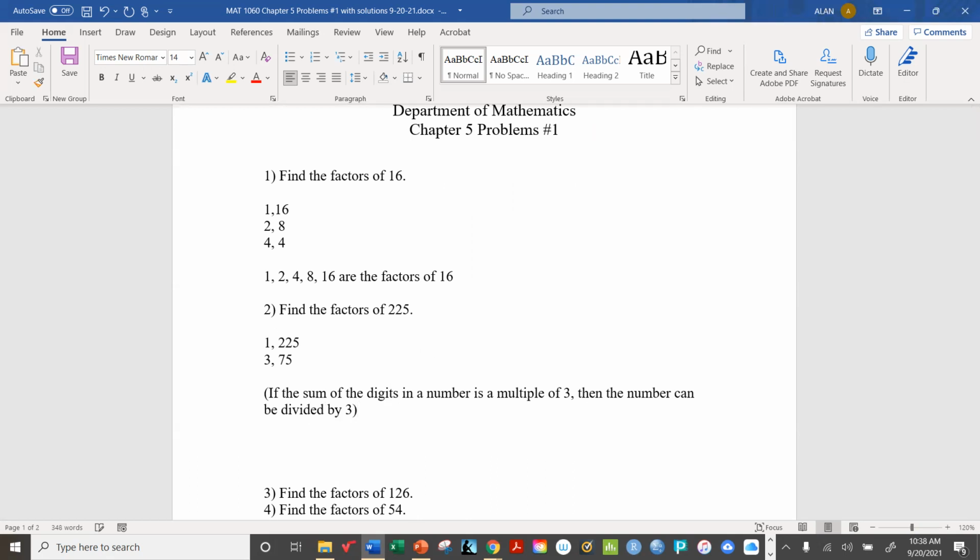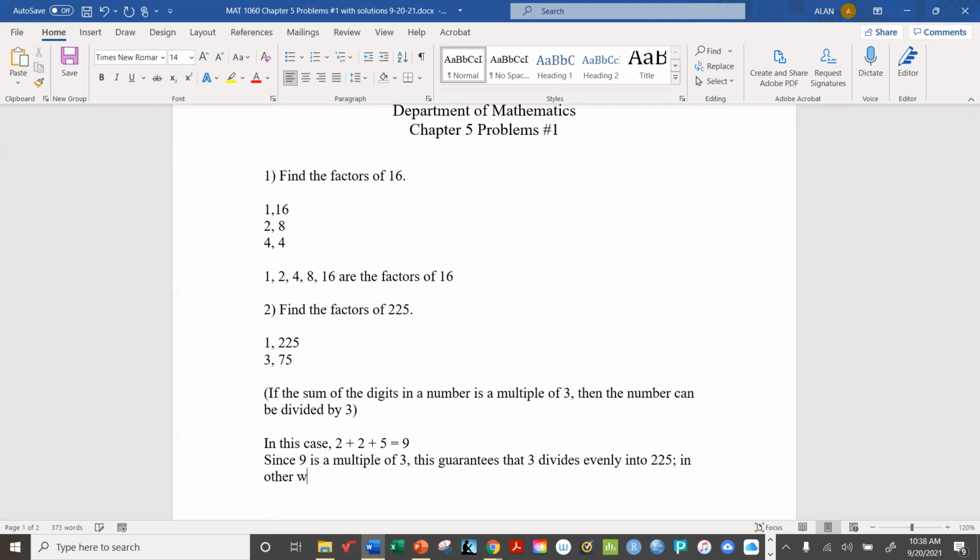In this case, 2 plus 2 plus 5 equals 9. Since 9 is a multiple of 3, this guarantees that 3 divides evenly into 225.